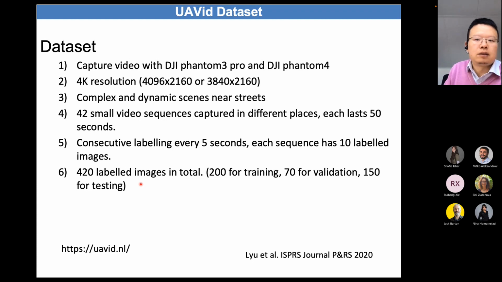This is still active, so one can still do testing under this data on the website UAVid.nl, and this work was published open access in the ISPRS journal back in 2020.